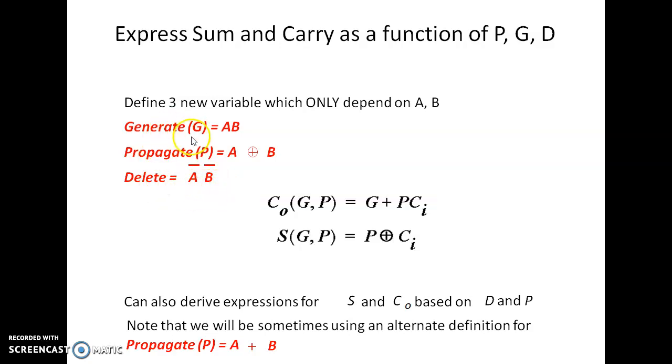Similarly, generate, g, is 1 when a is 1 and b is 1. Propagate is nothing but a XOR b. We know the XOR gate is a bar b plus a b bar. So whenever one of the inputs is 0 and the other input is 1 among a and b, then we will have propagate as 1.